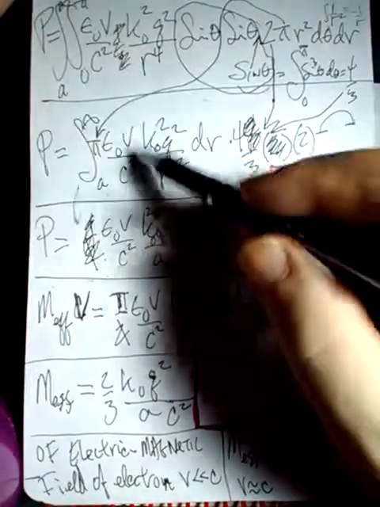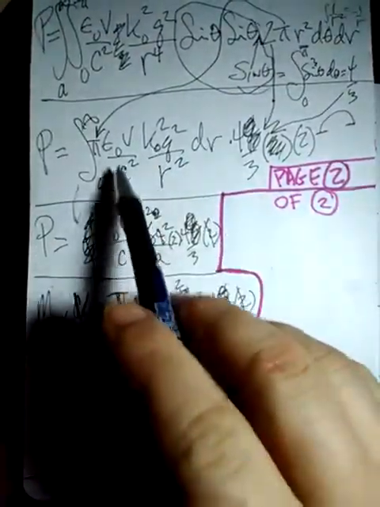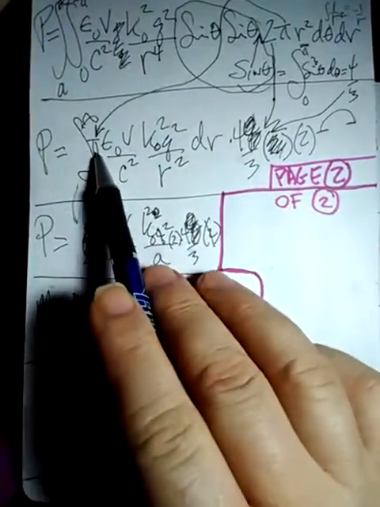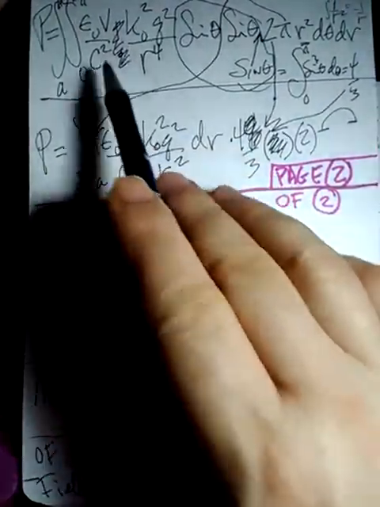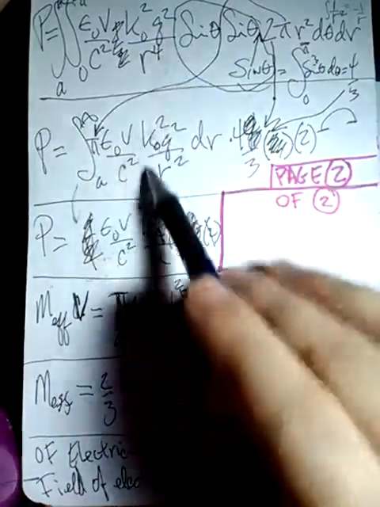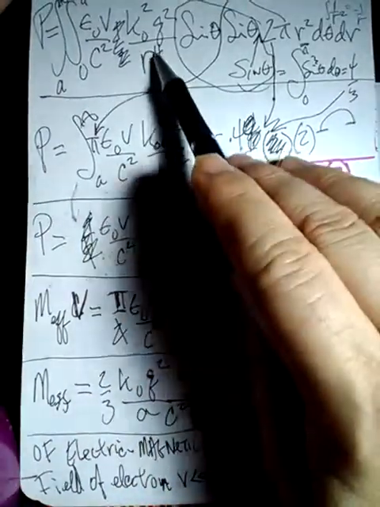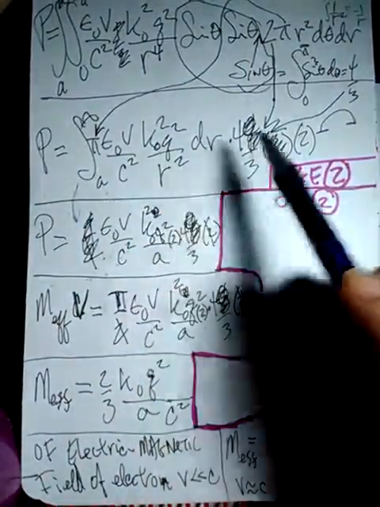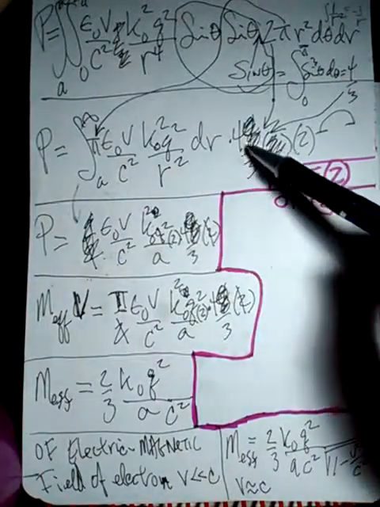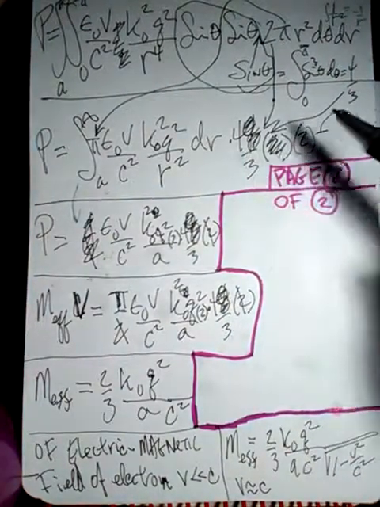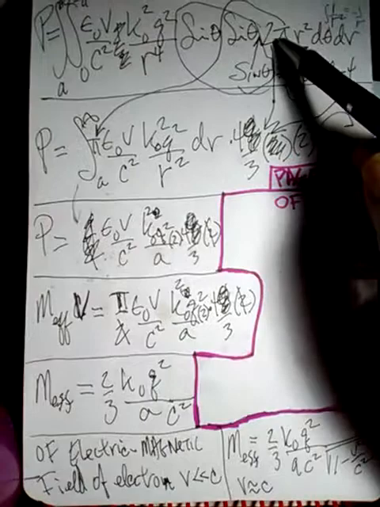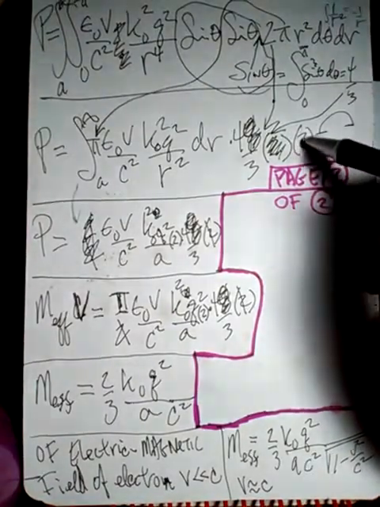So I'll make sure everybody's here. There's the epsilon naught, there's the pi from right there, the v, the c squared. All of these people are sitting here when the r to the fourth and r squared cancel. Here's the 4/3 from the sine cubed integral, and then there's this 2 right here.